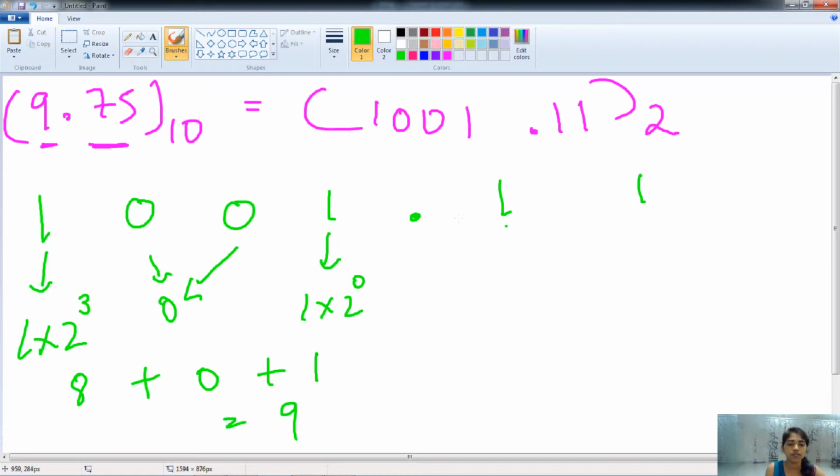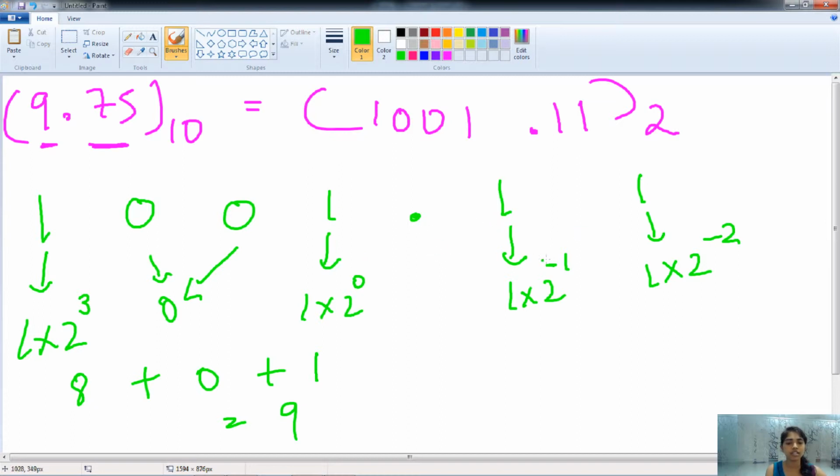Now for the part after the point, the first digit is 1 into 2 raised to minus 1, and for this one 1 into 2 raised to minus 2. Now just notice the difference between what we have done here and what we have done earlier. In this case we have gone from 0 to 1, 2, 3, 4, 5, 6 and so on, from right to left.